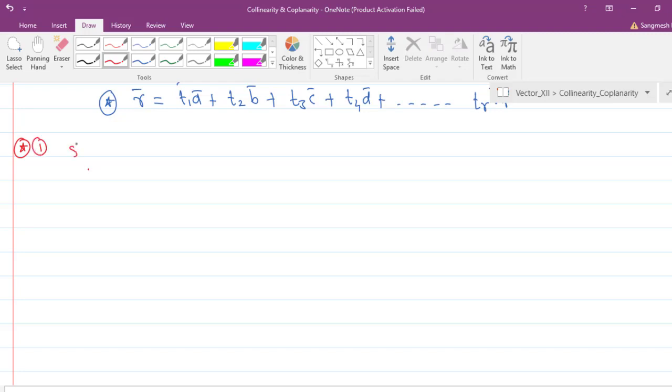Question number 1: show that 4i plus 13j minus 18k, i minus 2j plus 3k, and 2i plus 3j minus 4k are coplanar vectors.